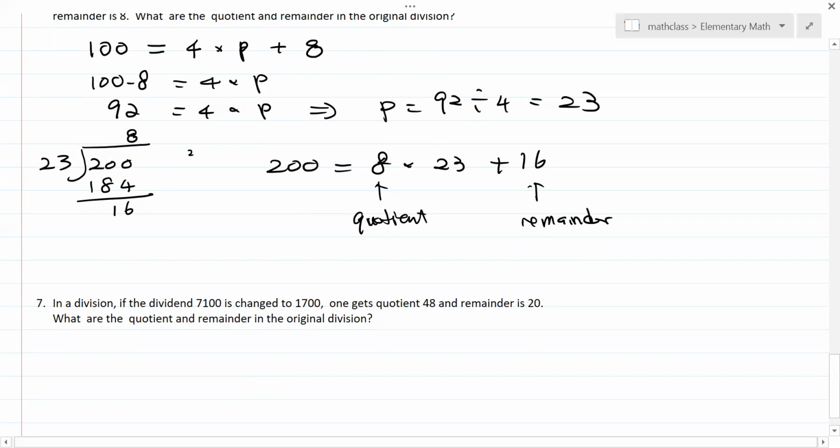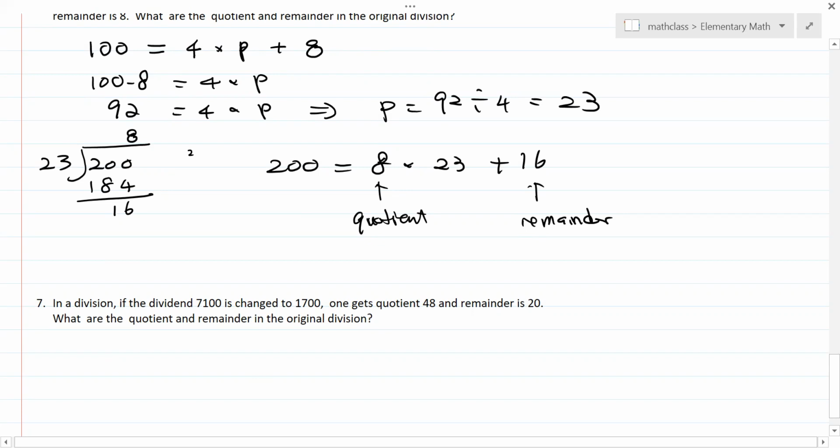In a division, if the dividend 7,100 is changed to 1,700, one gets quotient 48 and remainder 20. It's about the same, right?